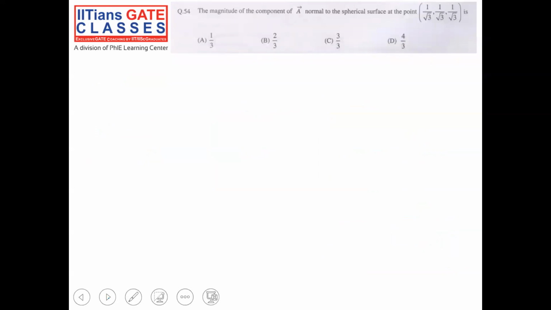Coming towards the next question. This is the linked question, this is 53, and I have one more question on the next page, which is 54. They are linked together. And this question is asked from the vector calculus topic. So let's try to solve it. Consider a vector field A bar.